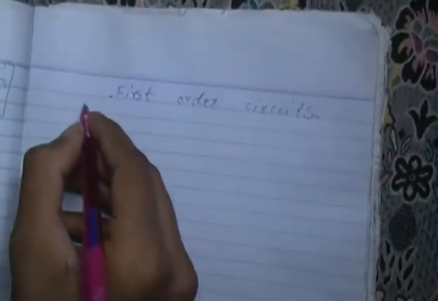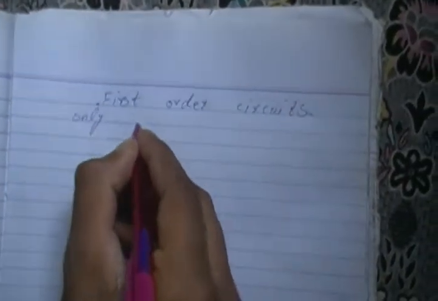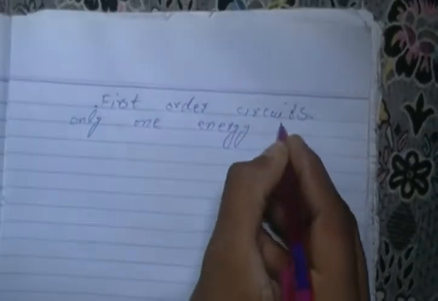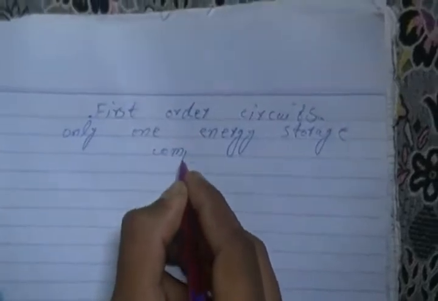First order circuits are those circuits in which there is only one energy storage component.